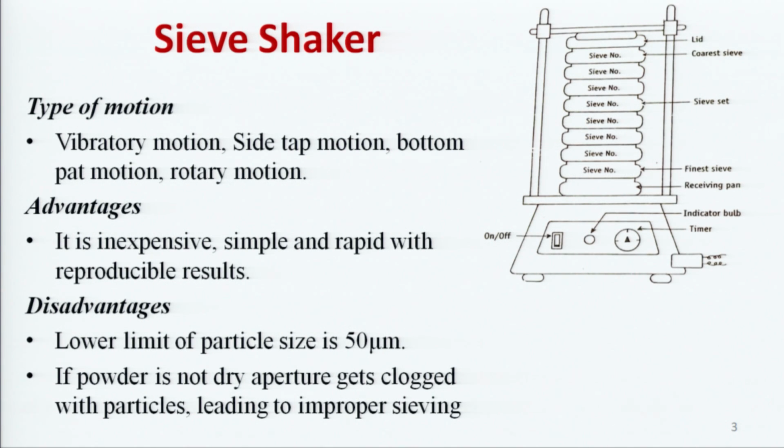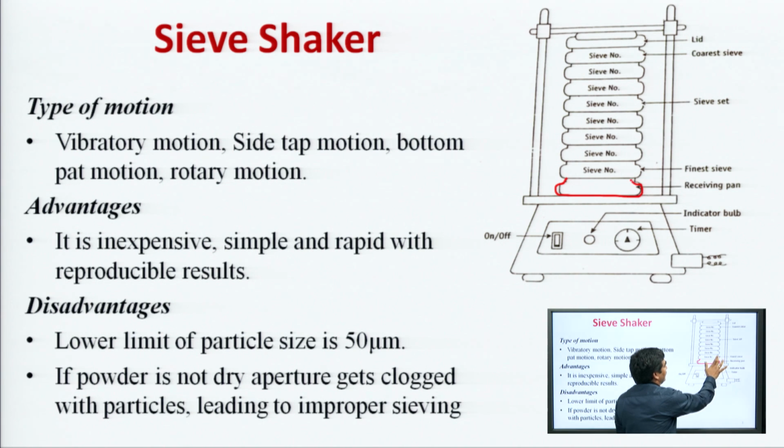As I have explained in the previous slide, this is the arrangement of different sieves. This is the receiving pan in which the finest particles are received. This is the finest sieve, this is the coarsest sieve, and in between, all the other sieves are arranged accordingly. Suppose this is 10 number sieve, this is 12, 16, 22, 60, 85 and 120.